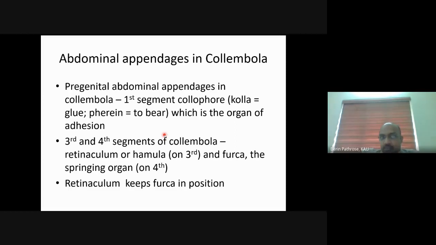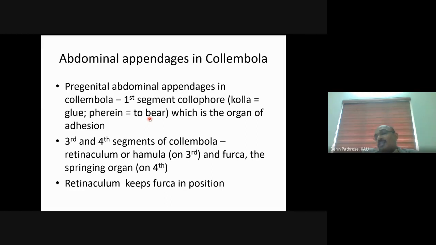The first segment bears an appendage called the collophore. The term collophore originated from colla meaning glue, that means a sticky nature, and pherin, to bear. That means the collophore is a glue-bearing appendage. So it helps the insect to attach or adhere itself to a surface.